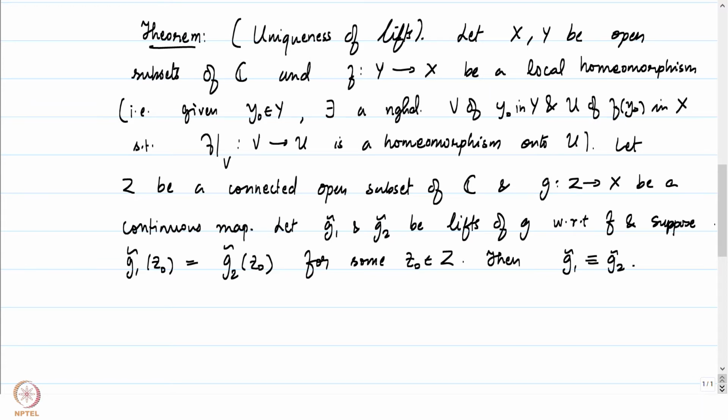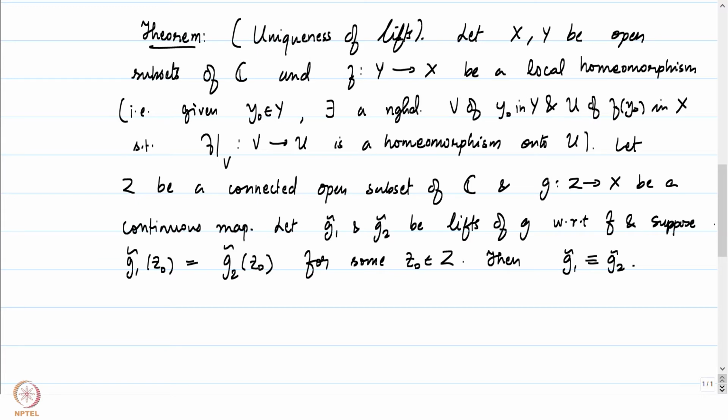Suppose we have two open subsets of C, Y and X, and suppose we have a map f from Y to X which is a local homeomorphism. Notice that we have still not introduced holomorphicity anywhere yet. We will do that in a minute. We are just considering continuous maps.